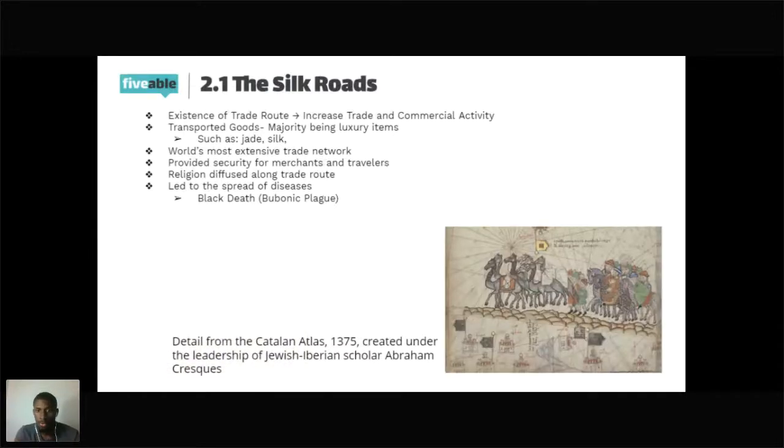Along the Silk Roads, we see increased trade from different empires, and we also see a high level of commercial activity along these trade routes. We see a transportation of goods such as jade, silk, and other examples.